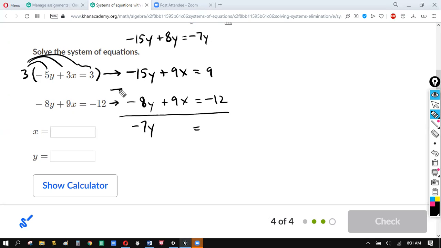And 9 minus negative 12 is the same as 9 plus 12, which is 21. Again, if it's easier for you, maybe I should have done negative 3, so we had negative 9x. Either way, it's the same thing. Okay, dividing both sides by negative 7, the negative 7s cancel. And 21 divided by negative 7 is going to be negative 3.